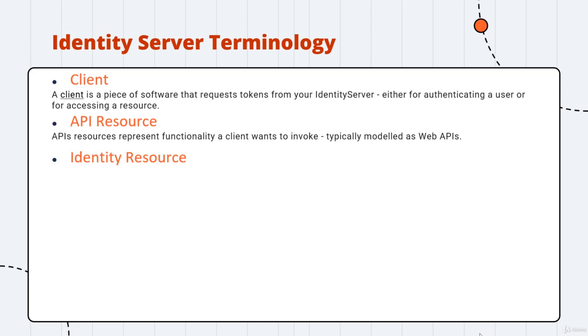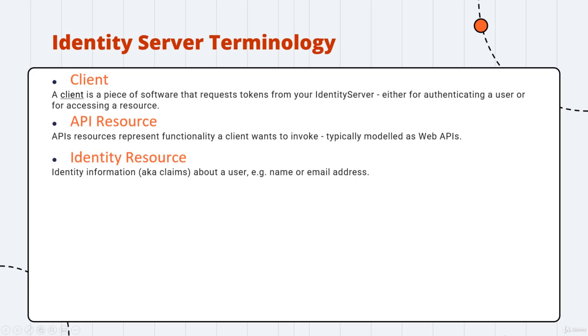Identity resource will have the information about user, like name of the user or email address. You can of course add more properties there, but the identity resource is basically user information, whereas API resource is something that your API wants to access, like a web API or a microservice.